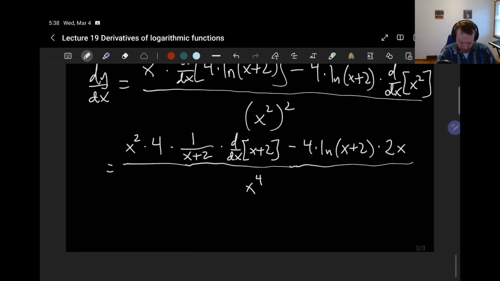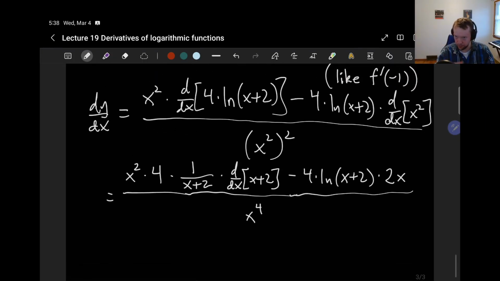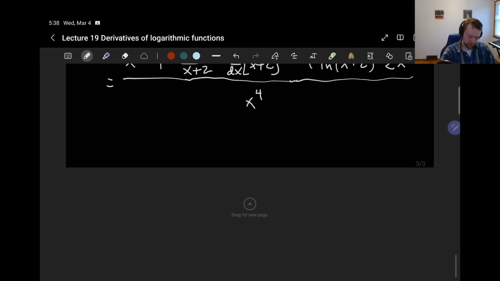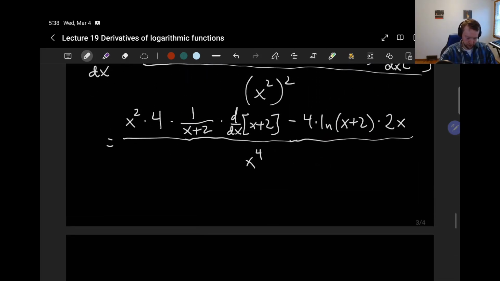But in this case, it makes all the sense in the world to multiply that out as x to the 4th. Remember, with the exponent rules here, you multiply in this case. So 2 times 2 gets me 4. The reason we do this is we'll be able to cancel with what's written above.